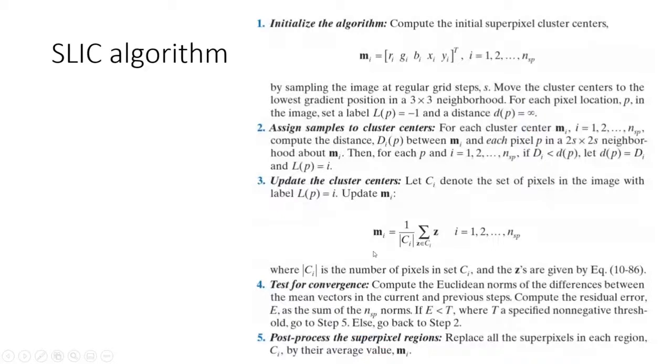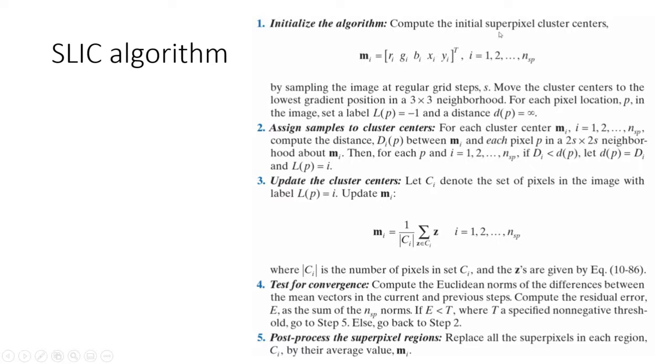And given that, that's the main calculation that it does on applying this k-means. So not a simple distance, it's a distance based on all of these criteria that I just explained. So that's the basic SLIC algorithm.